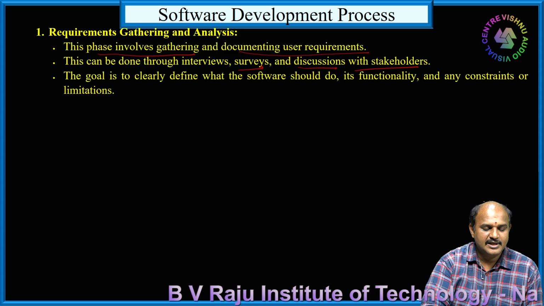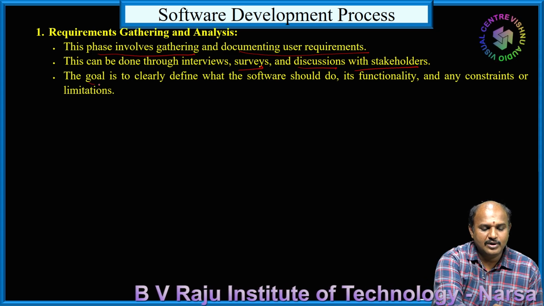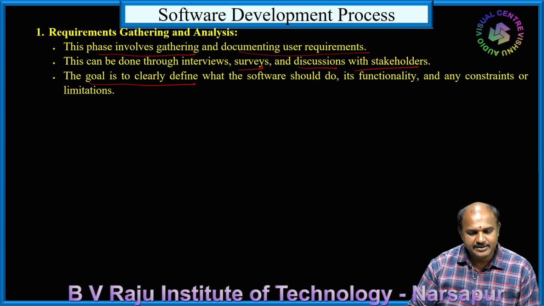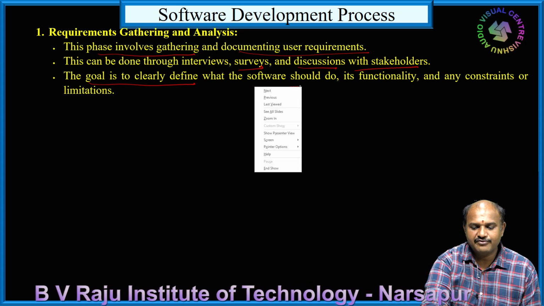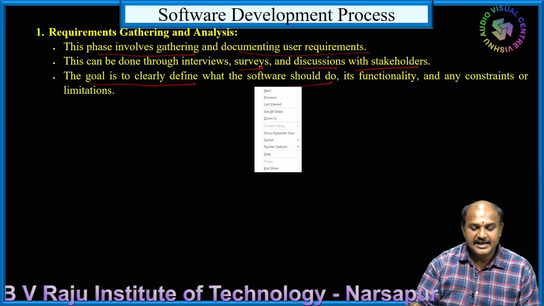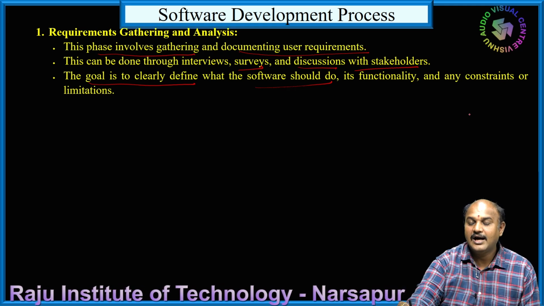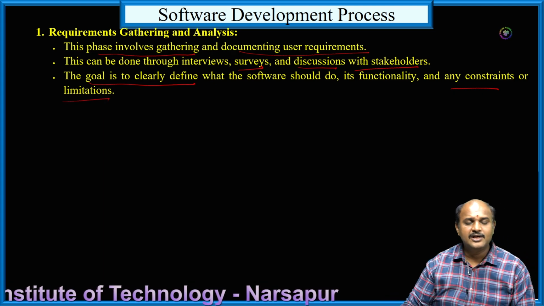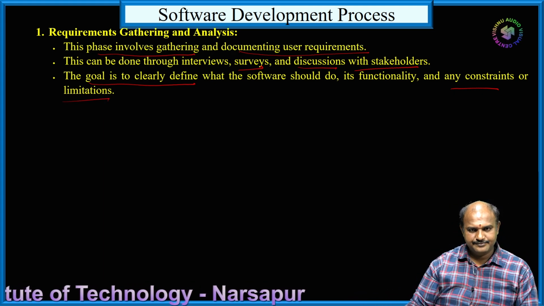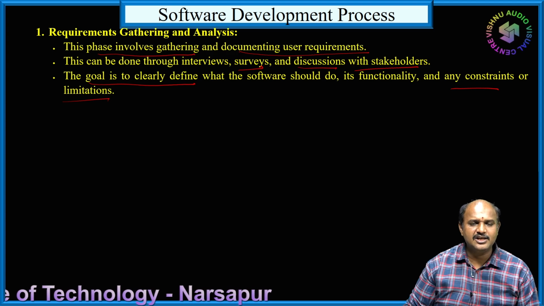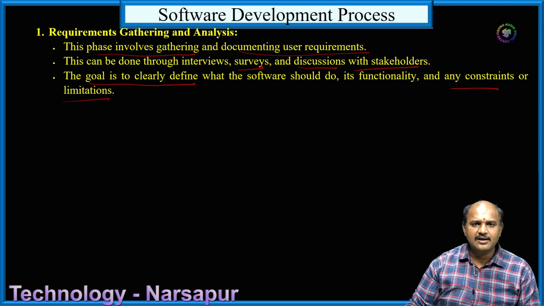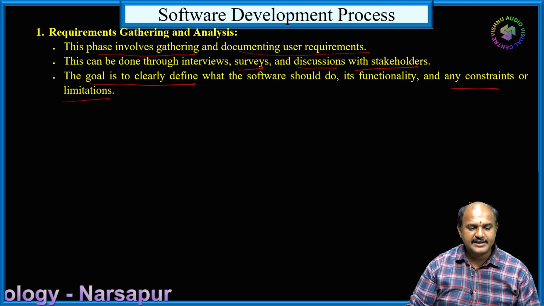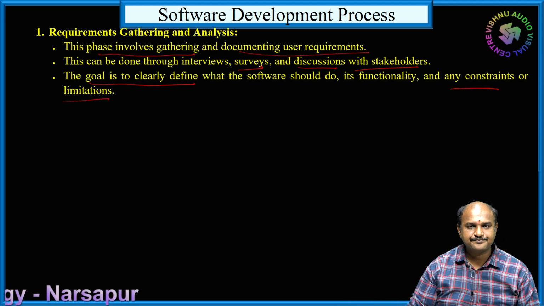The goal must be clarity: the software should do its functionality, and any constraints and limitations should be verified. This is entirely put as a legal document. So that is requirement gathering and analysis.